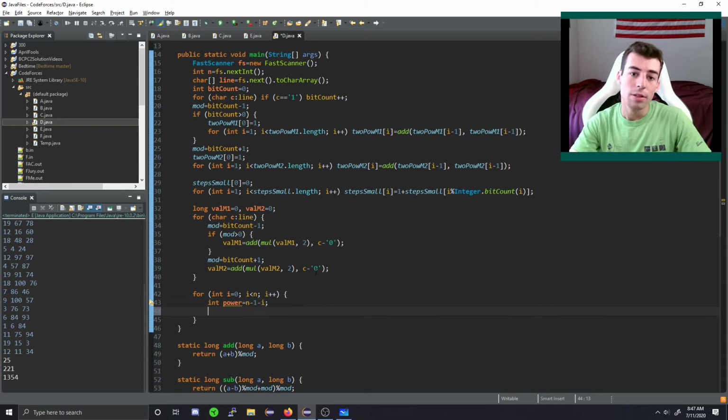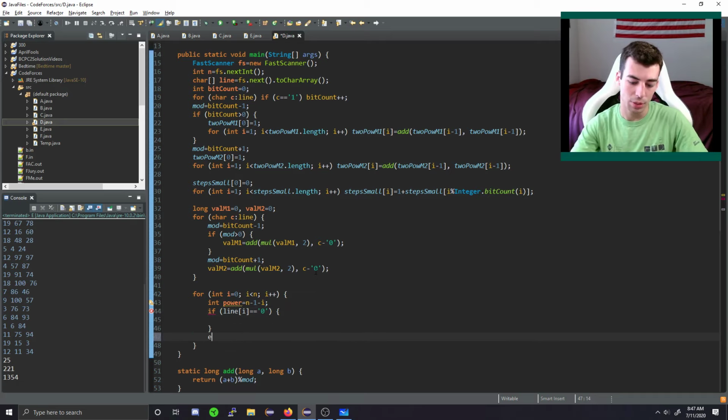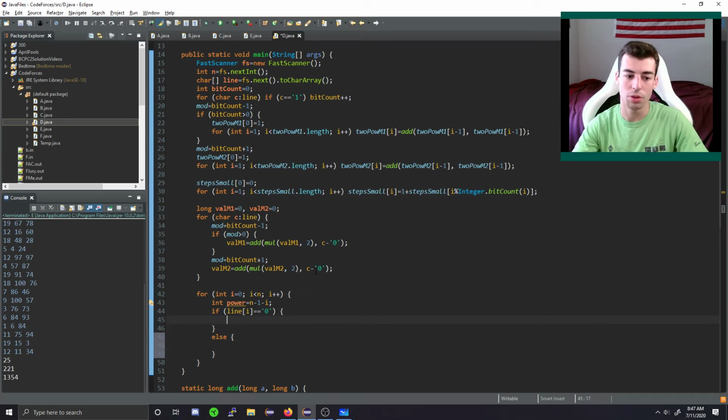And then if this is going to be, so if line at I is a 0, then we do one thing, otherwise we do the other. So if it's a 0, we turn it into a 1. So now we care about M2, because there will be one more 1.